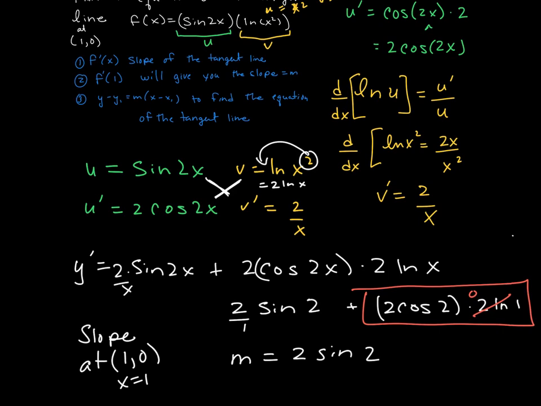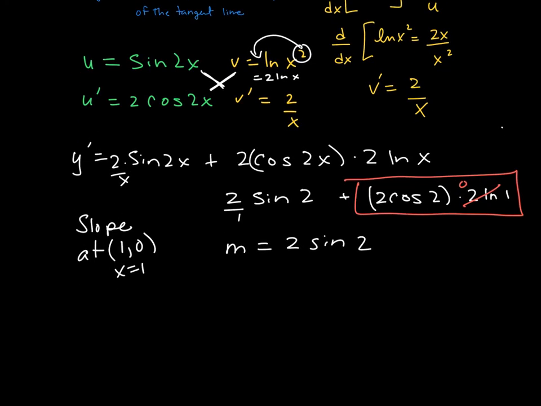Now I need to go ahead and find the equation of that line. So that equation of that line, I just use point slope formula. Y minus y1 is equal to m times x minus x1, knowing that this is x1 and y1 over here. So y1 is 0.